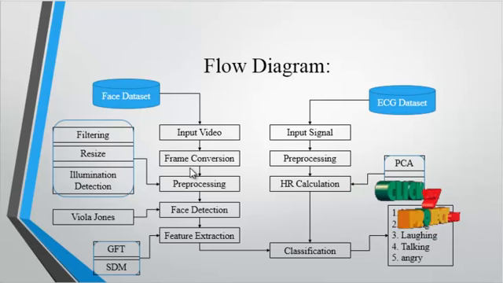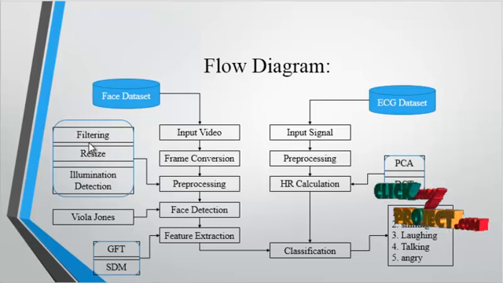After the conversion of the video into images, the pre-processing is carried out. In this pre-processing module, we have three steps. The first is filtering, the second is resize, and the third is illumination correction. In the filtering stage, we remove the noise from the frames.